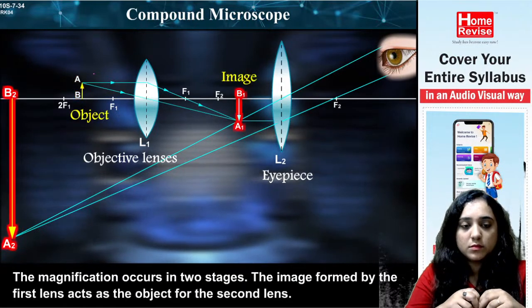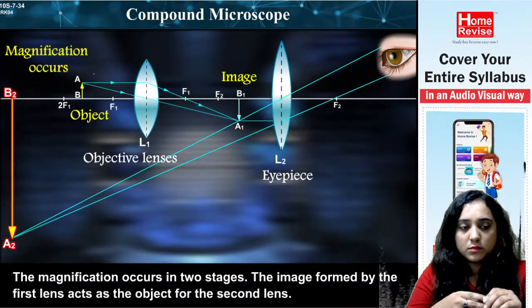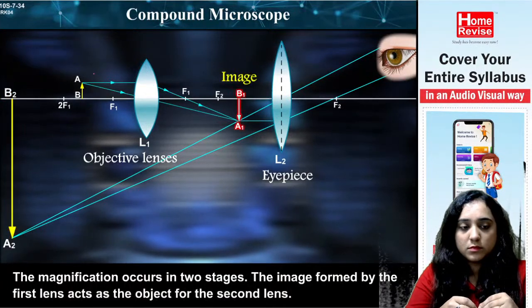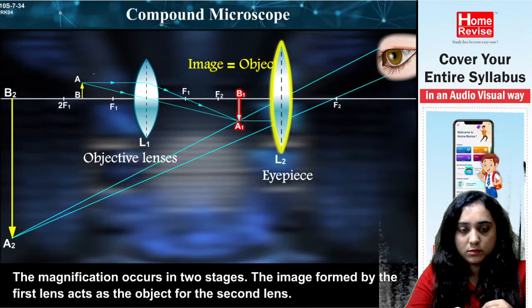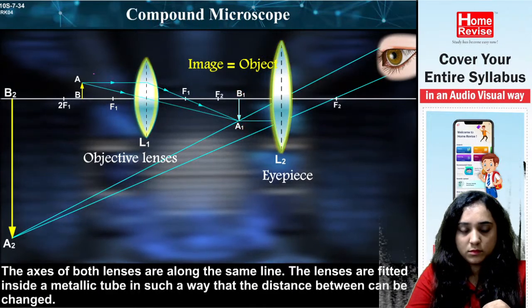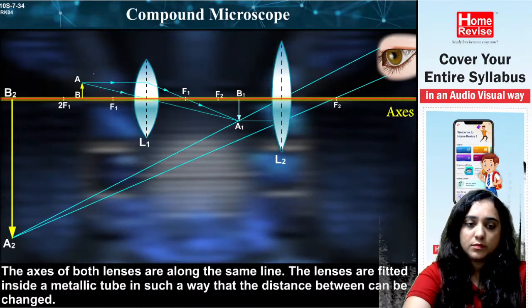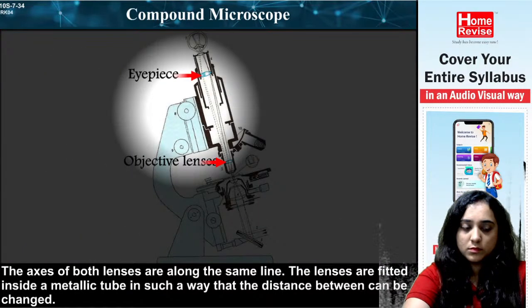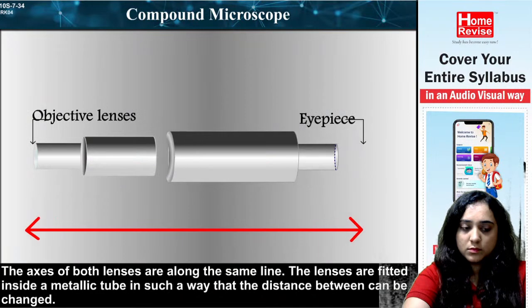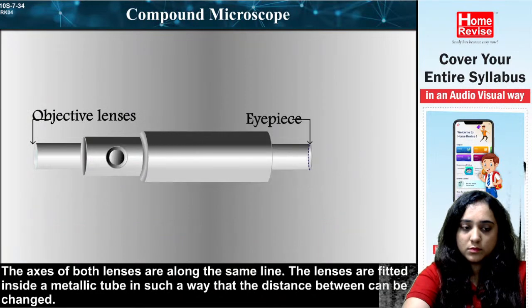The magnification occurs in two stages. The image formed by the first lens acts as the object for the second lens. The axes of both lenses are along the same line. The lenses are fitted inside a metallic tube in such a way that the distance between them can be changed.